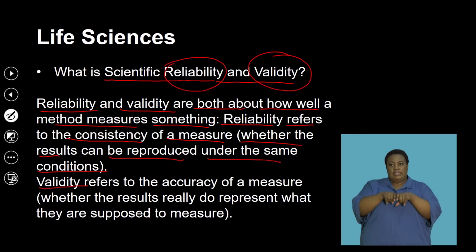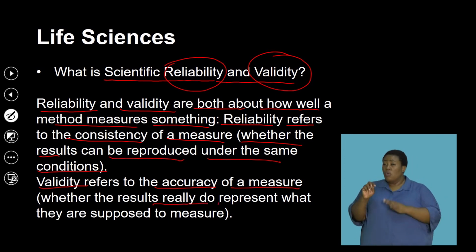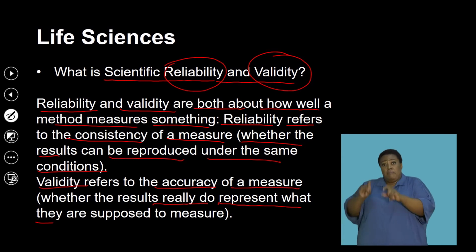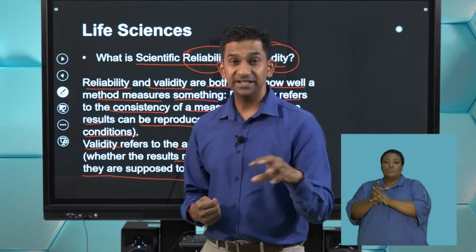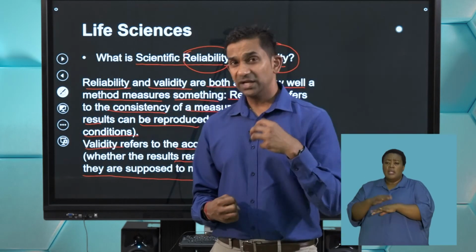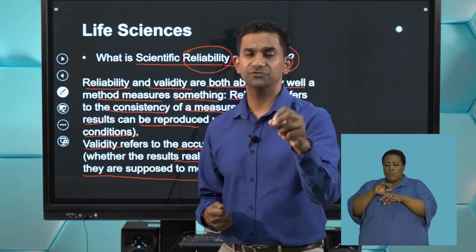What is validity? If we talk of validity, it basically refers to the accuracy of a measure, whether the results really do represent what they are supposed to measure. So accuracy points to the way in which you produce valid results. So when conducting a scientific method, were you accurate in the quantities that you've measured?